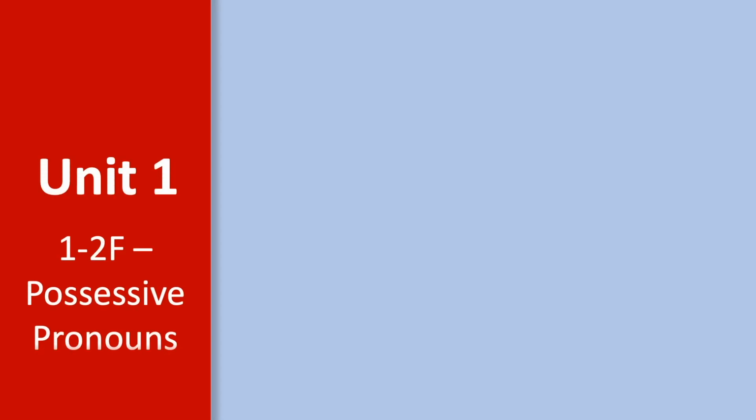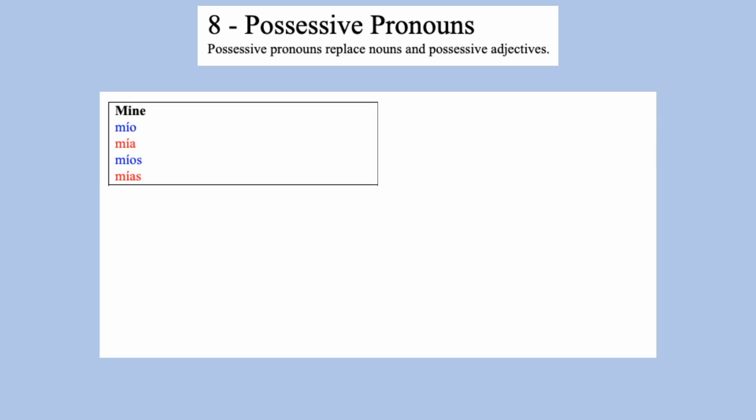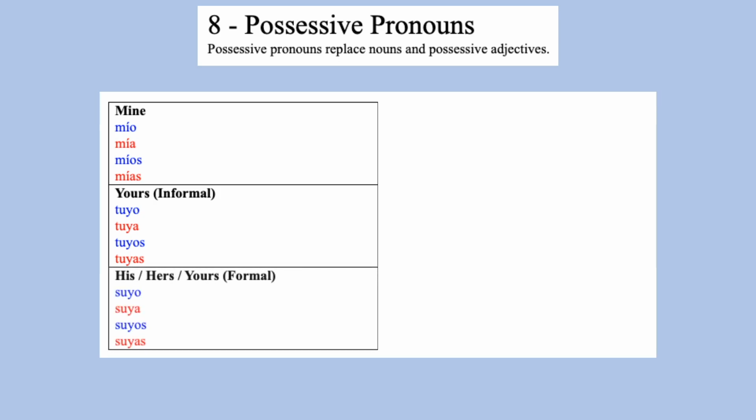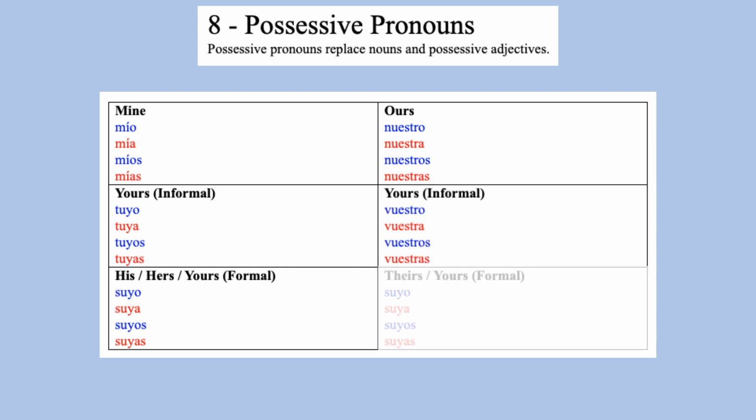Unit 1, Lesson 2F on possessive pronouns. Possessive pronouns replace nouns and possessive adjectives. They are mío, mía, míos, mías, tuyo, tuya, tuyos, tuyas, suyo, suya, suyos, suyas, nuestro, nuestra, nuestros, nuestras, vuestro, vuestra, vuestros, vuestras, suyo, suya, suyos, suyas.